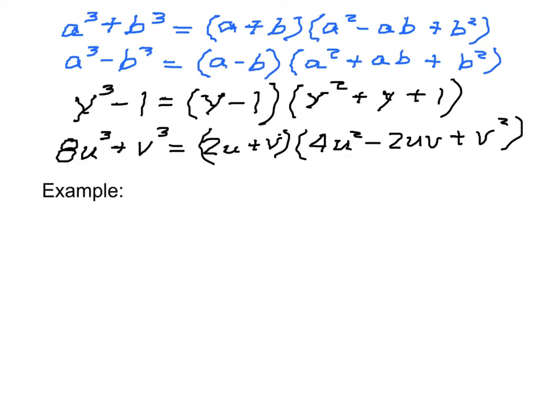All right, our last example is simply going to be factoring by grouping, okay? So let's look at an example here. Let's assume we've got 3xy minus 4 minus 6x plus 2y.